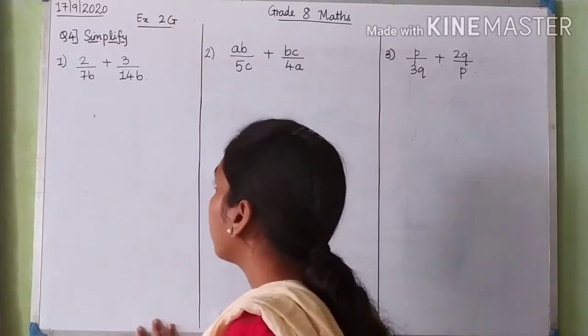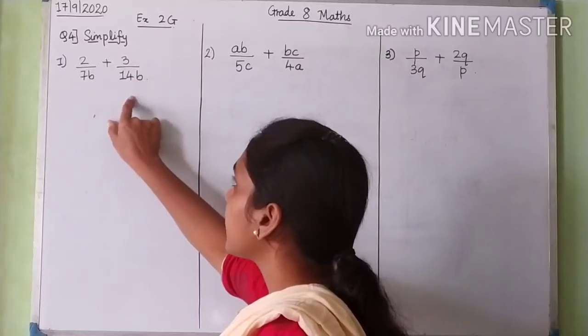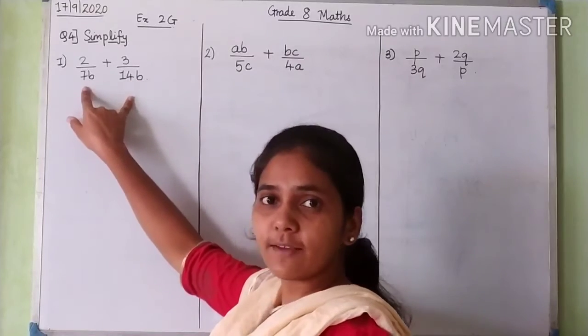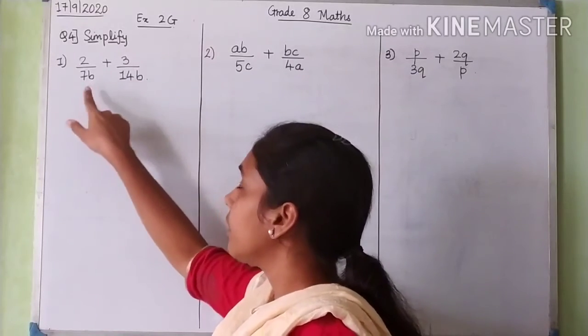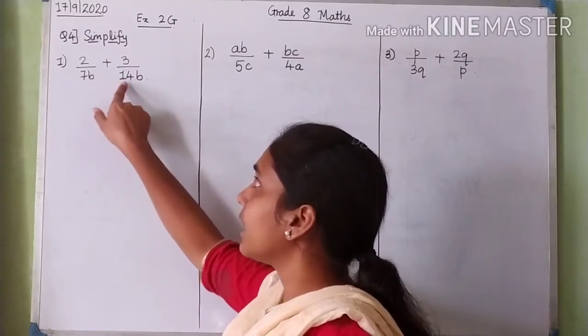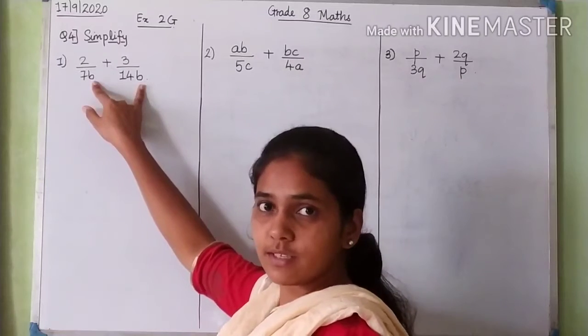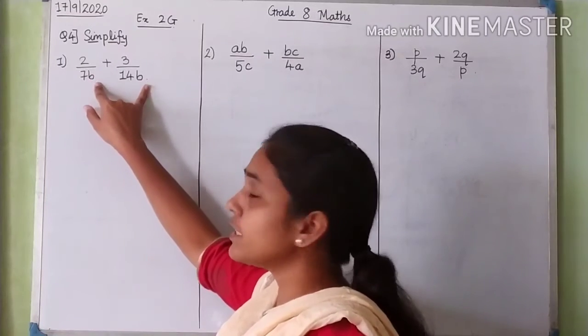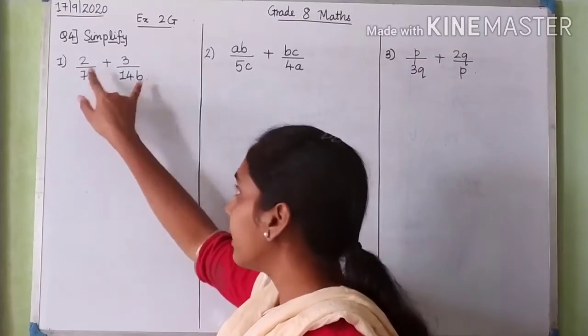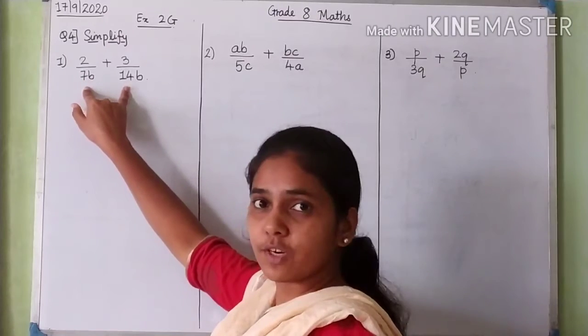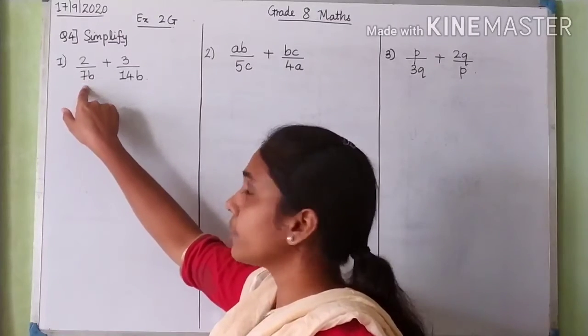Okay, so let's see the first sum. The two denominators are 7b and 14b. You can see that 14 is a multiple of 7, and the remaining b is there in both the terms. Only 14 and 7 are different.